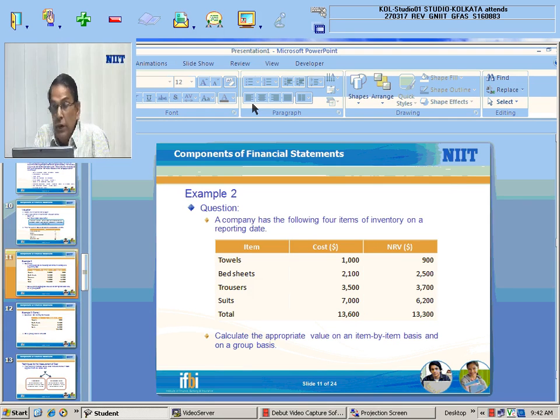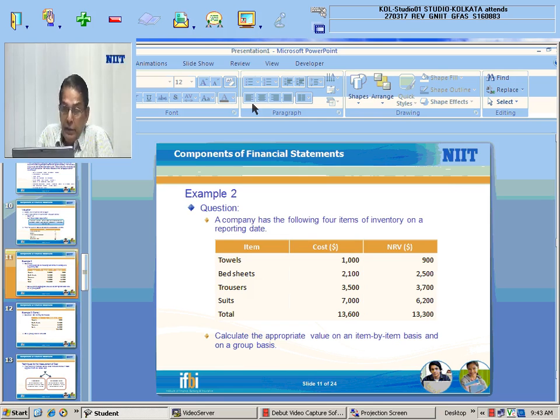The cost of the towels is 1,000 and the net realizable value of the towels is 900. Bed sheets, 2,100 cost, net realizable value 2,500. Trousers, cost is 3,500, net realizable value is 3,700. Suits, cost is 7,000 and net realizable value is 6,200.